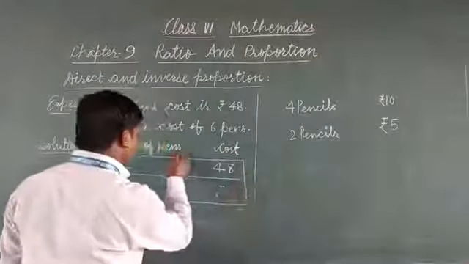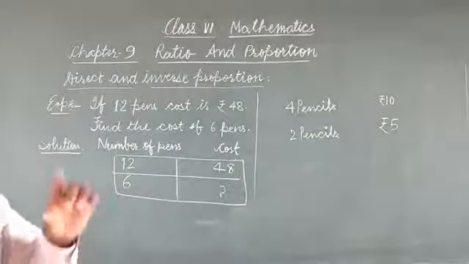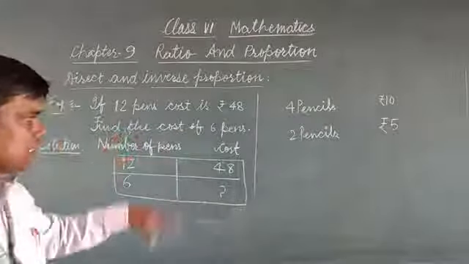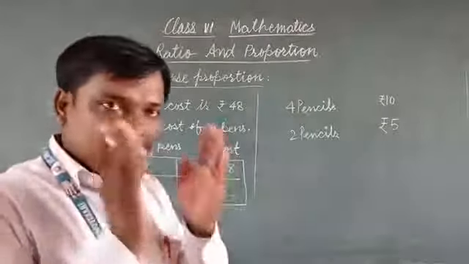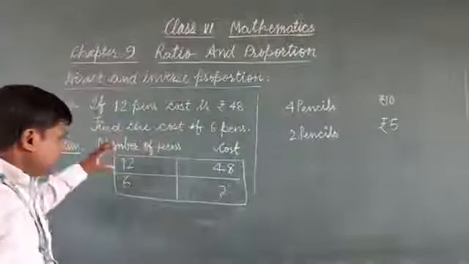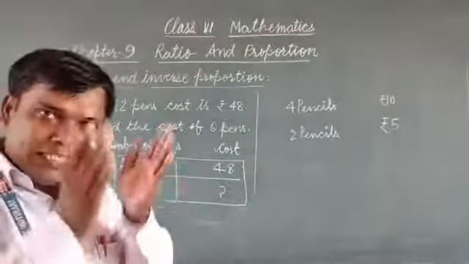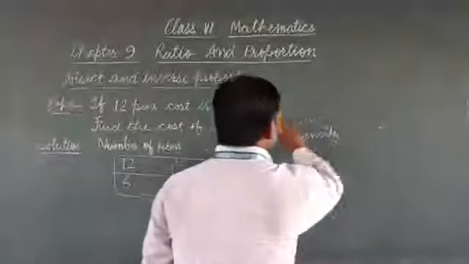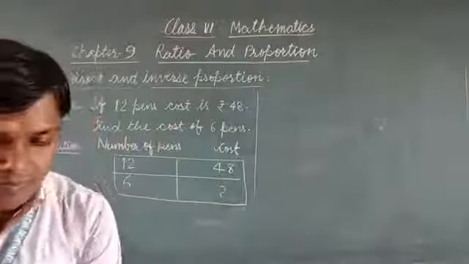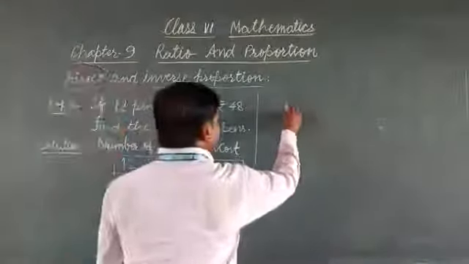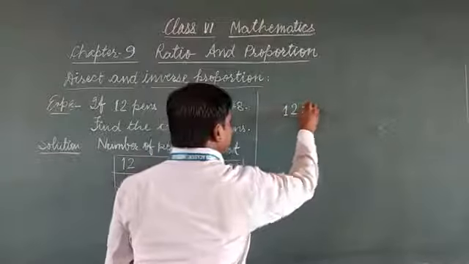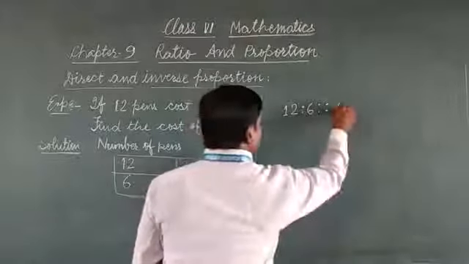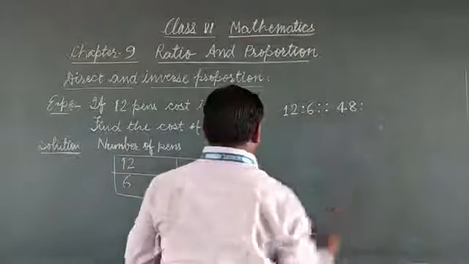Now we are going to solve by using ratio and proportion. Just now we have studied direct proportion, so similar quantities we write in ratio. So we can write from here 12 is to 6 proportion 48 is to the cost, which is not given.